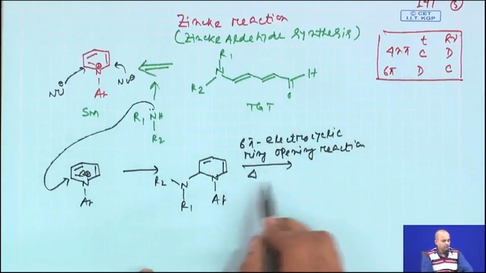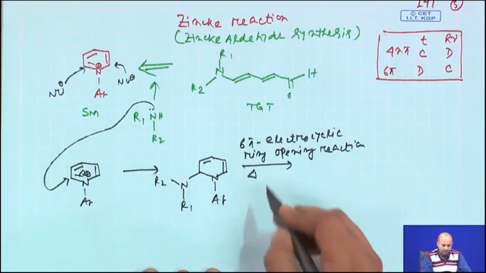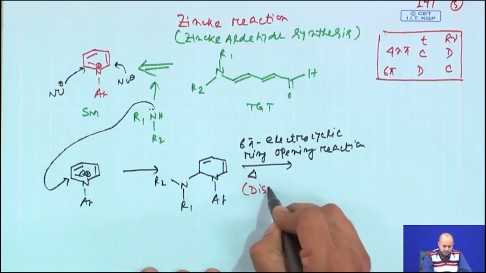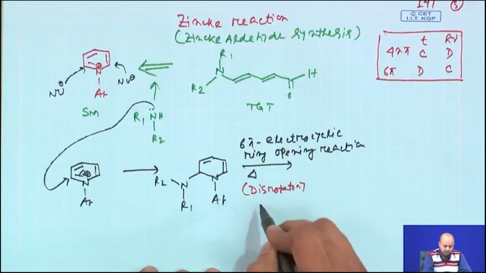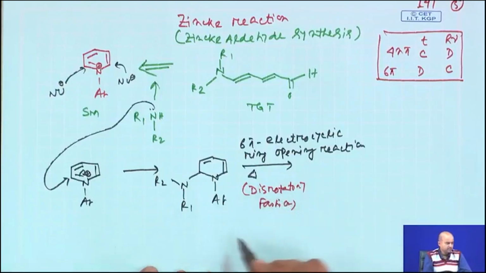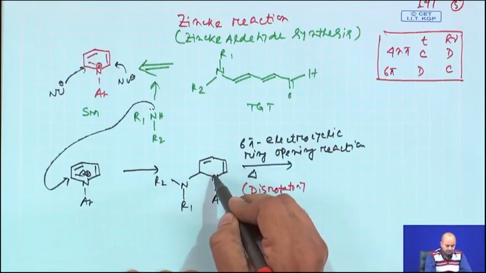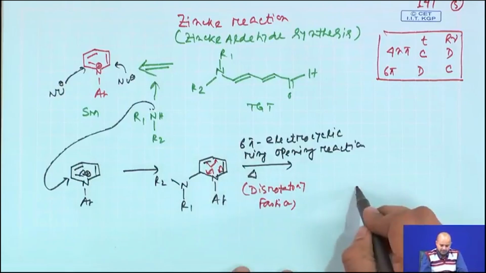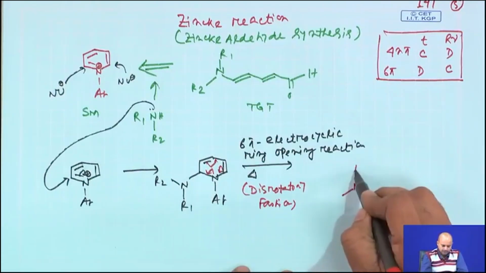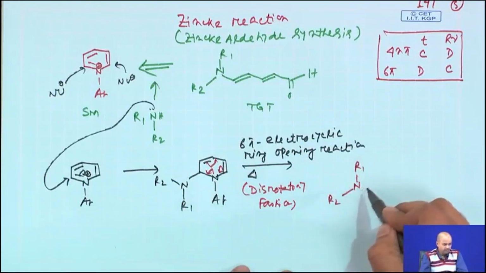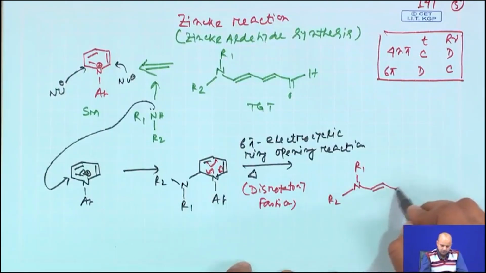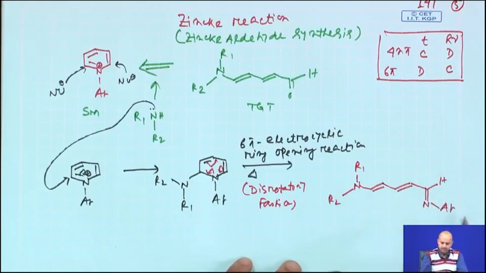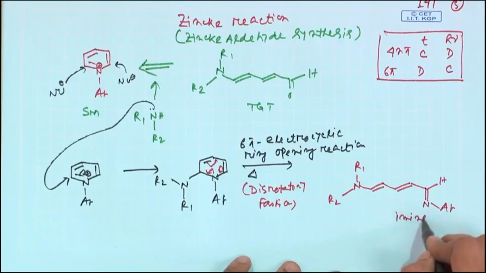So, now if you are doing this particular 6 pi electrocyclic ring opening through a disrotatory fashion, you will find that this reaction occurs in this way, and this pyridinium nucleus will be clipped to give you a 6 pi open system, which is nothing but an imine.